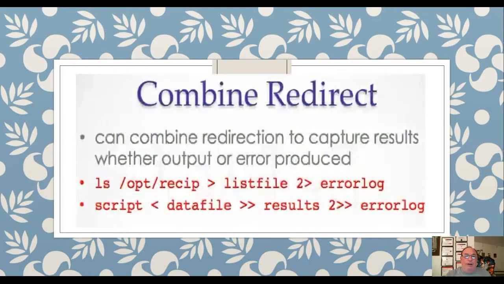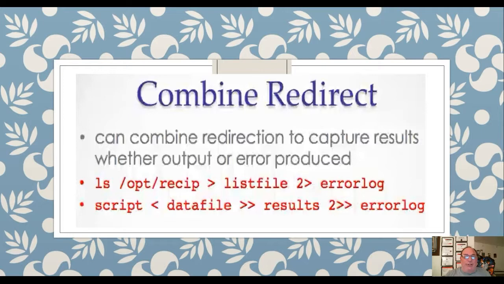Moving on, if you want to combine your redirection. We could combine redirection to capture results, whether they're input or output. And I give an example here with the ls command where I'm putting the output into the list file, and then the list file is being used as input for the error log anywhere where there's mistakes in the list file.